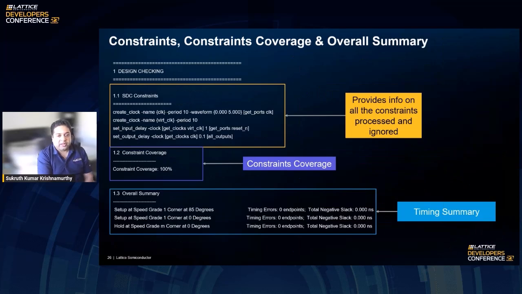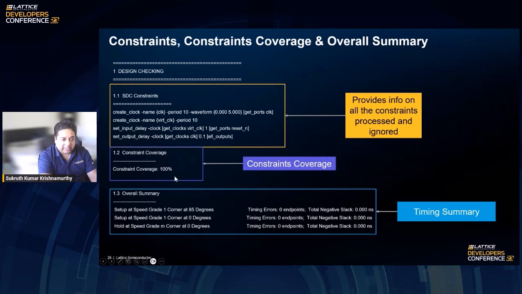Taking a deeper look at each of these sections, in section 1, we have 1.1, which covers the SDC constraints. These are the SDC constraints either provided by the user or auto-extracted by the tools. This provides all the information about all the constraints that have gone through in this PAR. Section 1.2 covers the constraints coverage.